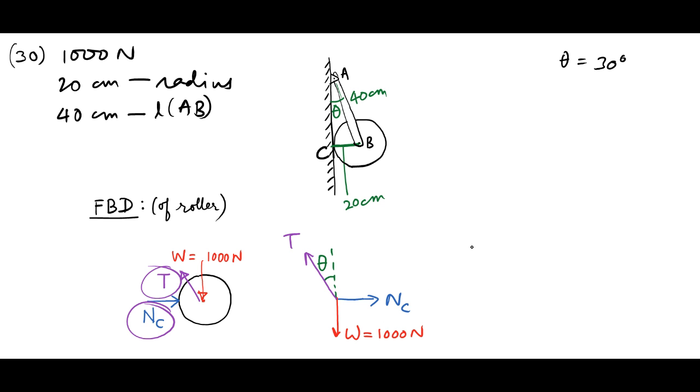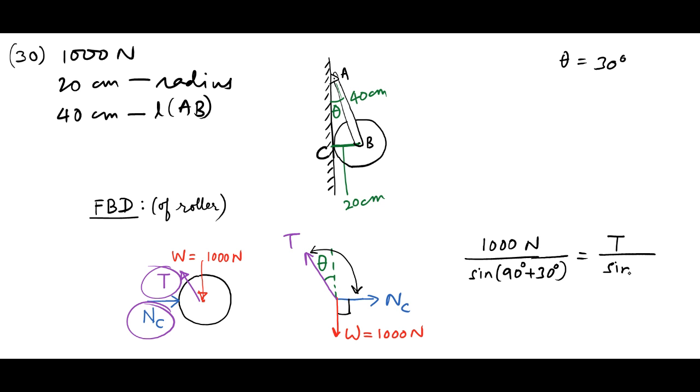So let's see, 1000 newtons divided by the sine of the opposite angle, which is this angle, sine of 90 degrees plus theta, sine of 90 degrees plus 30 degrees, equals T divided by, now the opposite angle is this angle, the angle between the two remaining forces.